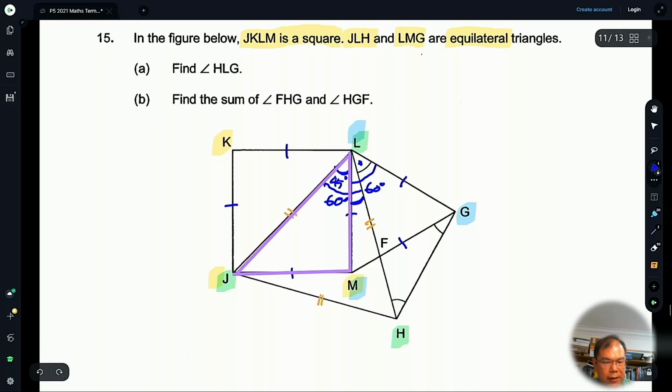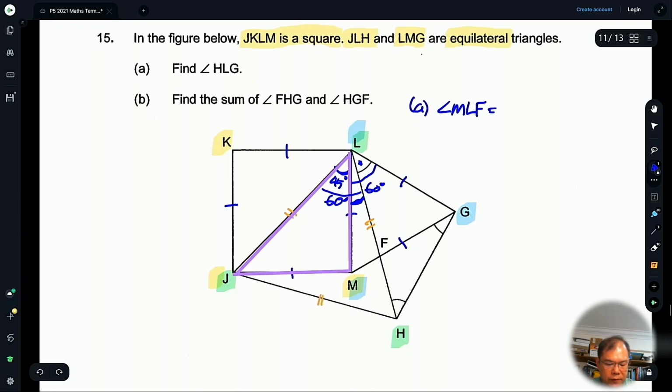So the first step would be to find angle MLF. This angle here.